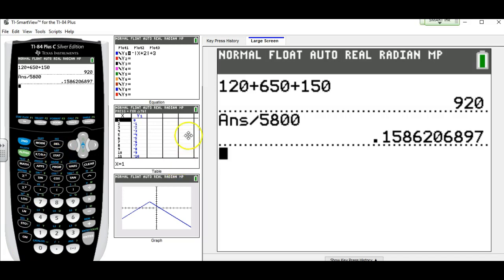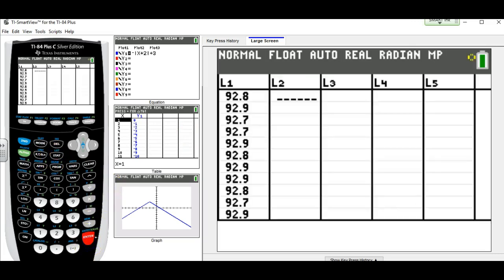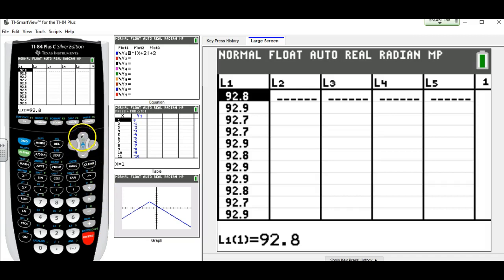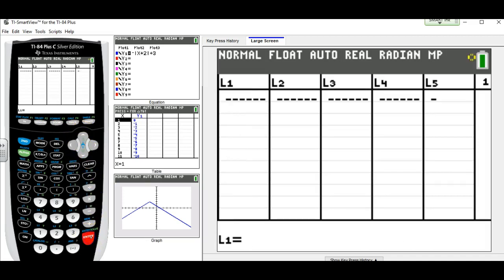If I go to Stat and Edit and enter that data into my list, I'm going to clear my list out first.